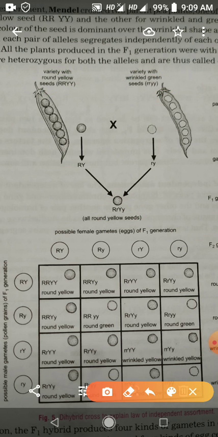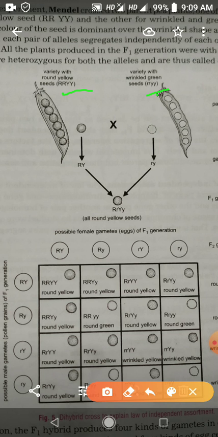Children, allelomorphs of round yellow: capital R, capital R, capital Y, capital Y. Allelomorphs of wrinkled green: small r, small r, small y, small y.